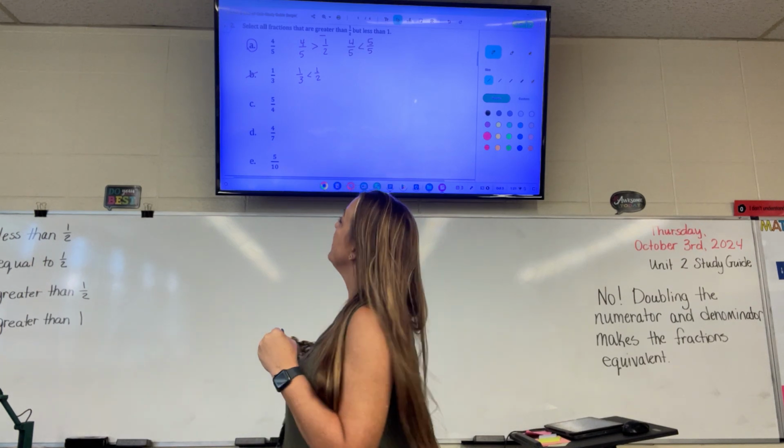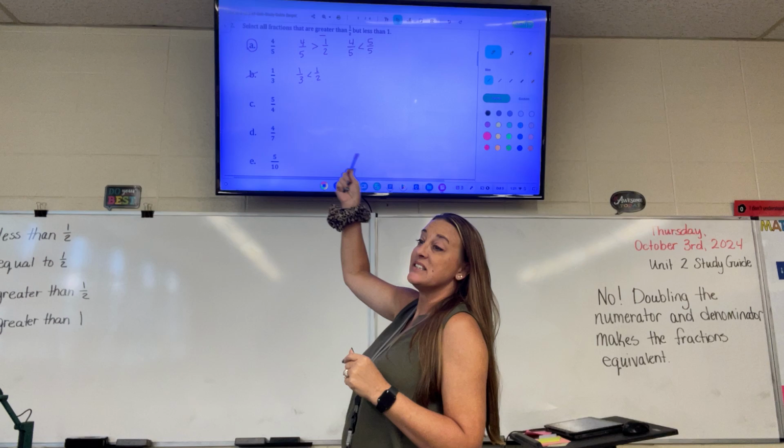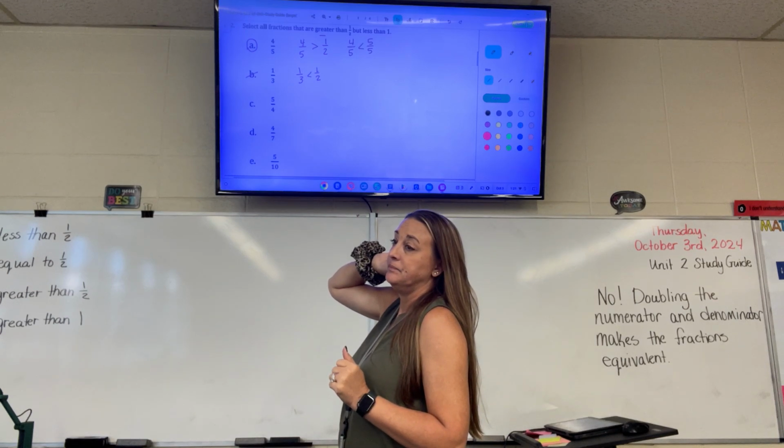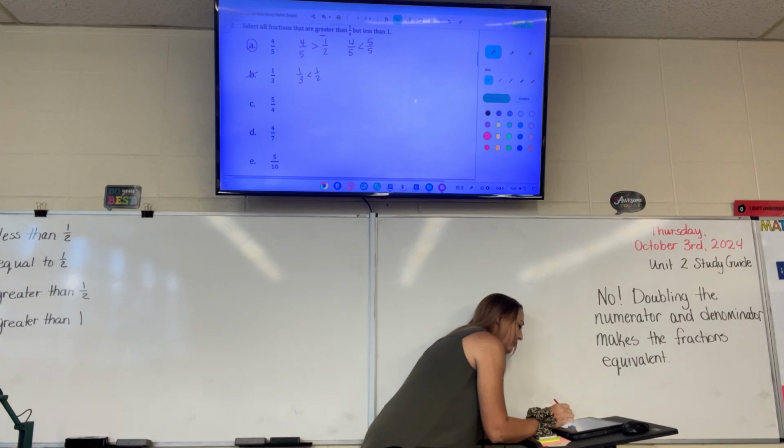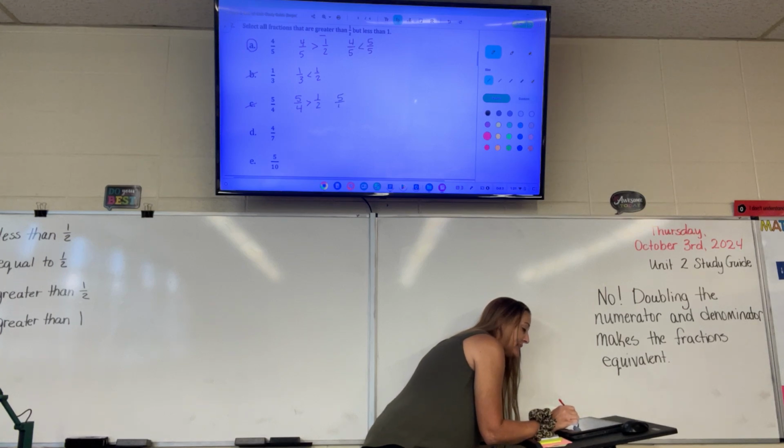More than half. Is 5/4 less than 1 whole, Jackson? No. It's going over 4, exactly. So we gotta cross it out. 5/4 is greater than half, but 5/4 is also greater than 1 whole.